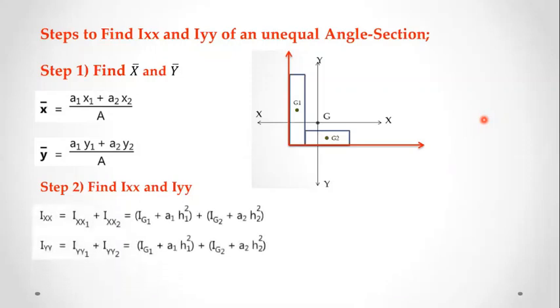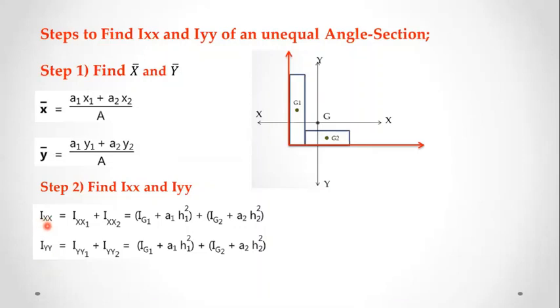Here, no axis is passing through G1 and G2. That means we have to use the parallel axis theorem for Ixx as well as Iyy.